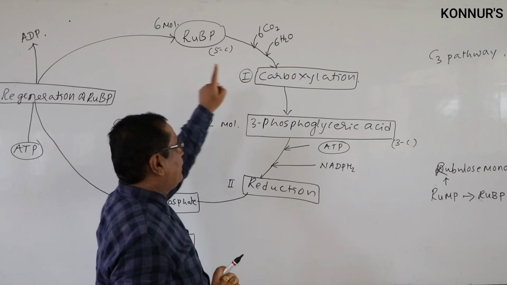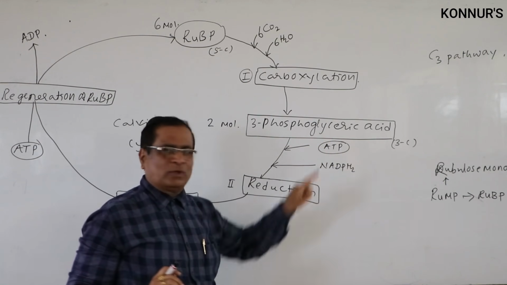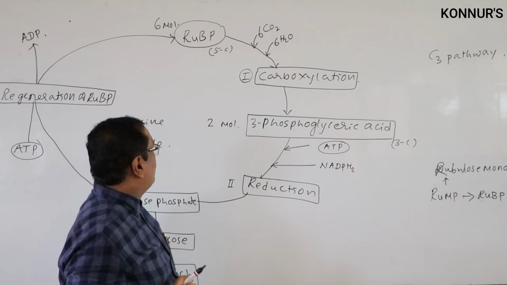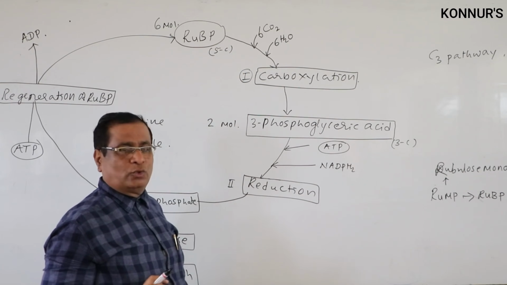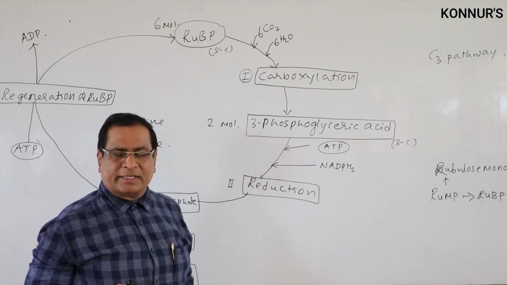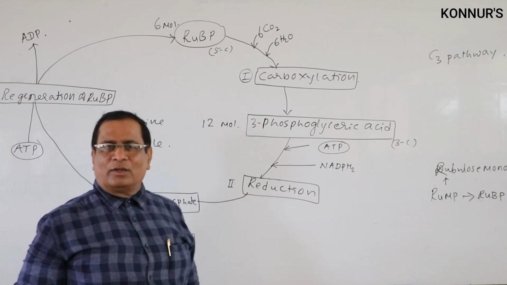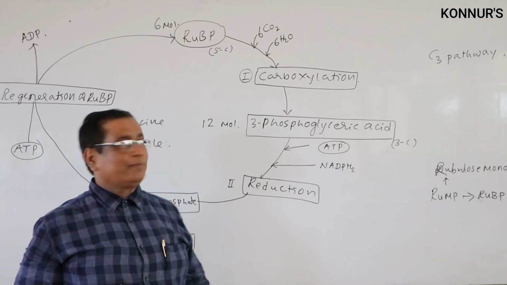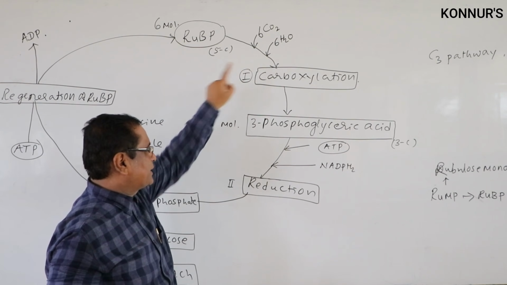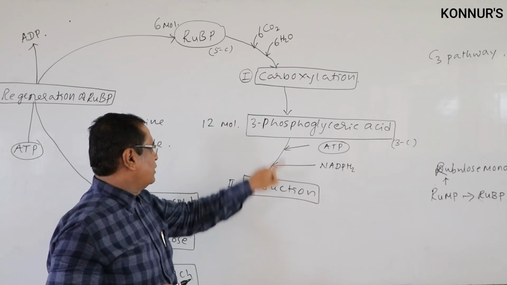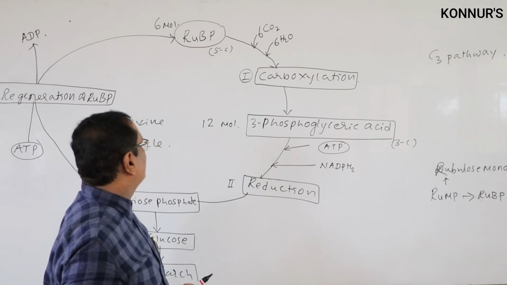Now, 6 molecules of RuBP fix 6 CO2. How many 3-phosphoglyceric acid will form? 12. There will be the formation of 12 molecules of 3-phosphoglyceric acid.